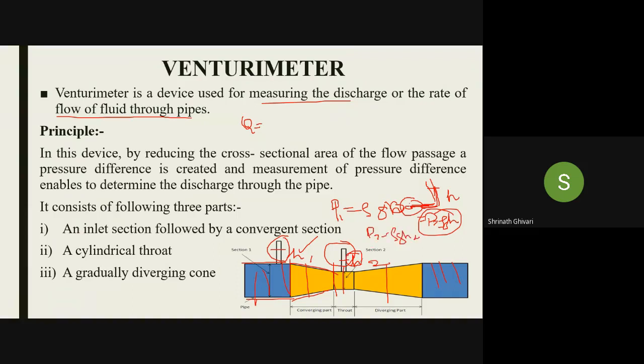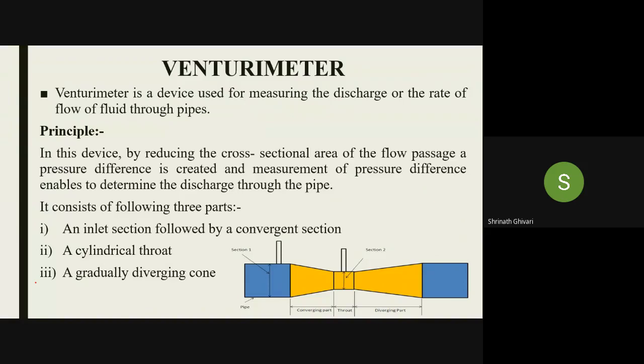So that's why I have written the equation that P1 by rho g equal to H1, and P2 by rho g equal to H2. H1 minus H2 is equal to H. So that is the difference which we are taking in a Venturimeter. Remember that these are useful for your practical purposes.